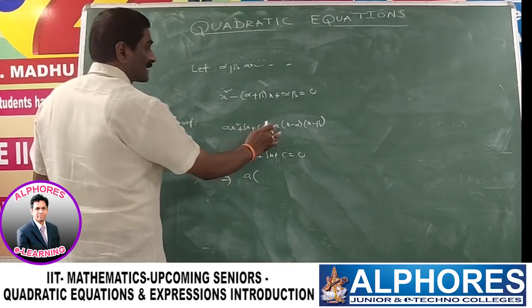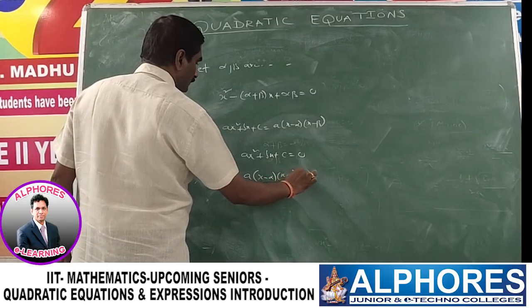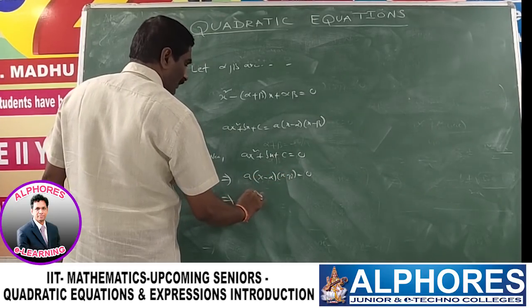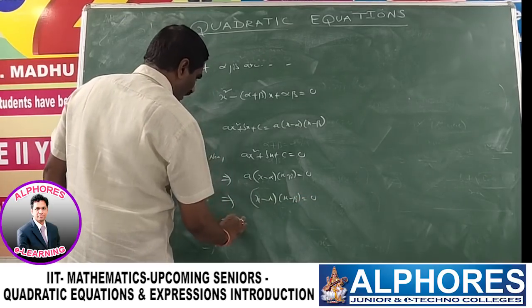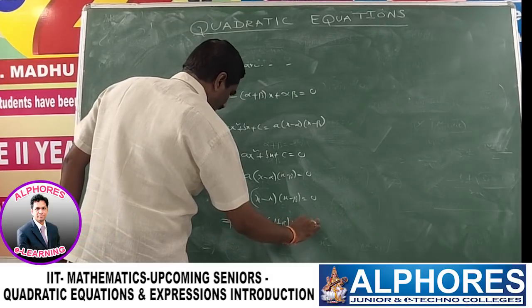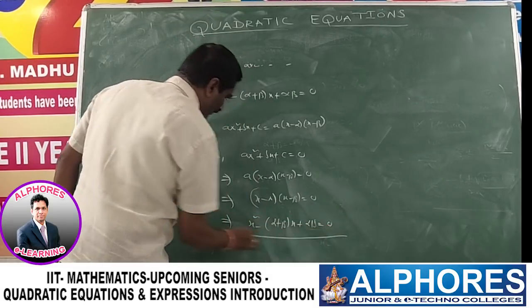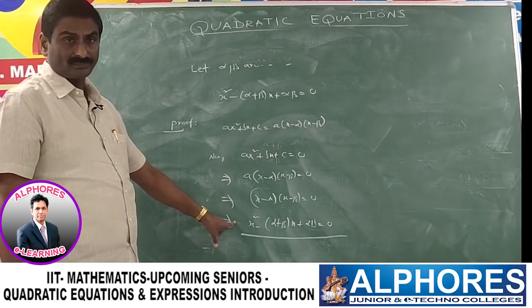So it can be replaced as a of x minus alpha into x minus beta. That implies x minus alpha into x minus beta is equal to 0. After expansion we get x square minus (alpha plus beta) into x plus alpha beta is equal to 0. It is the quadratic equation when roots are given.